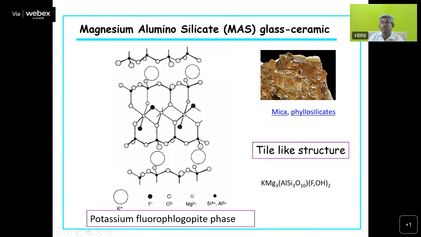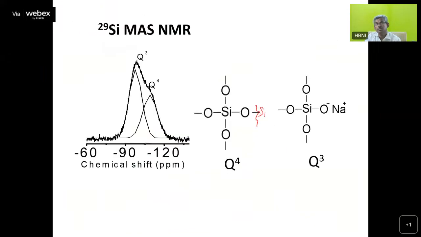With the help of a scotch tape, we can remove the layers. This is what gives flexibility to the magnesium aluminosilicate glass, and NMR is the technique used to evaluate the relative concentration of the fluorophlogopite phase, and that determines the machinable character of the glass ceramic materials.